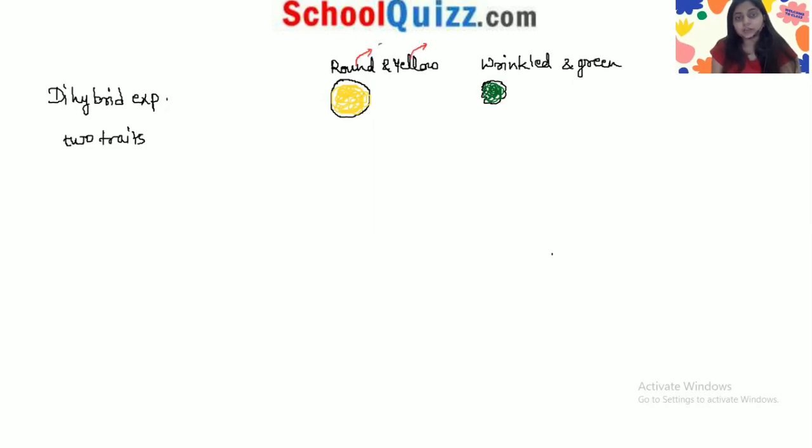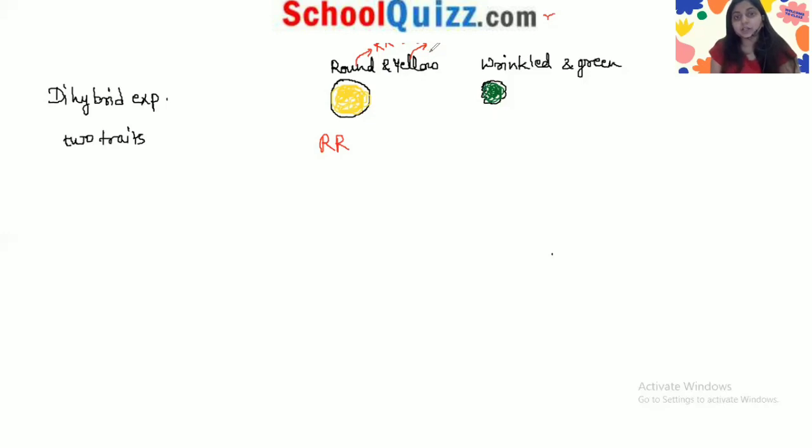For the round, we have the genes double capital R. Why double capital R? Because genes work in pairs. We have discussed this in our first class. That's why we have the purebred of the round, which is double capital R.